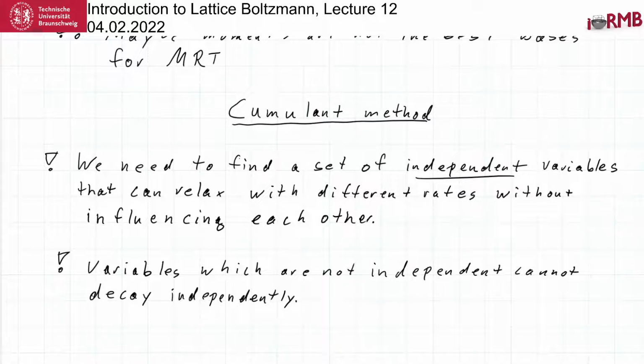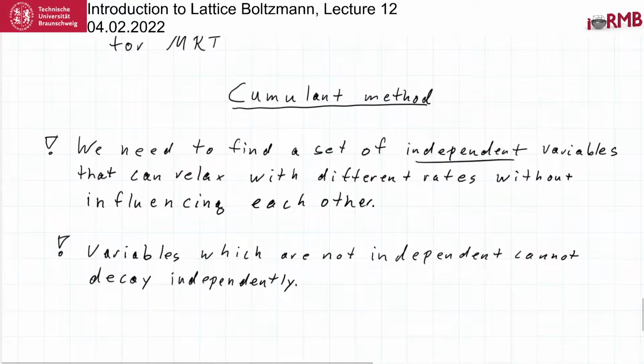If there's always a fraction of people who have the infection in hospital, then both quantities grow and shrink on the same time scale. So they cannot have different relaxation rates. Otherwise, they would not be proportional to each other.